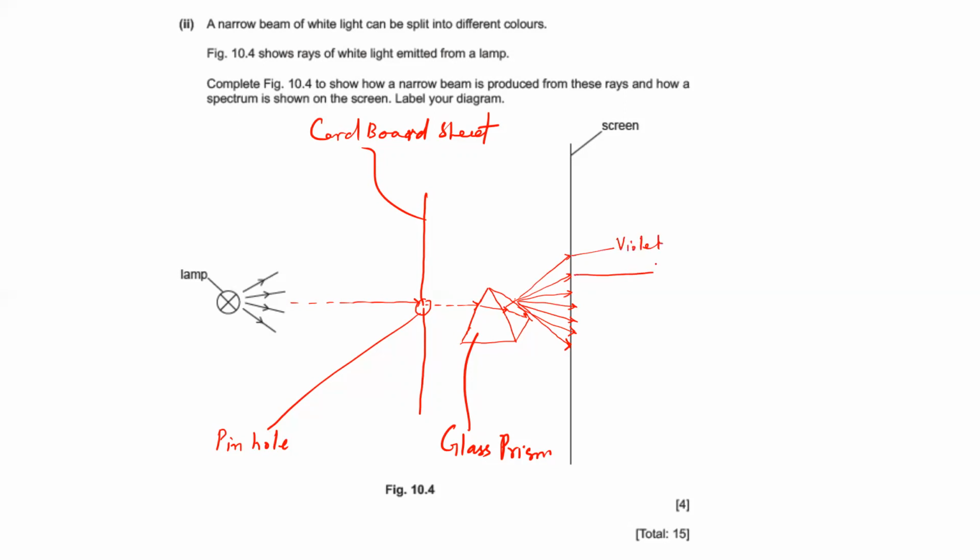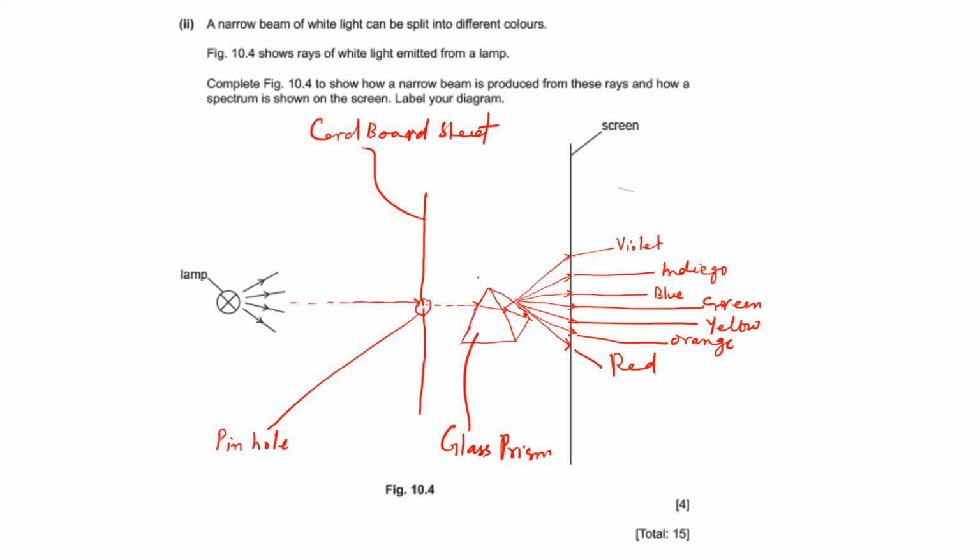Okay, so this one will be violet. This is indigo. This is blue. Green. Then we have yellow, orange, and we have red.